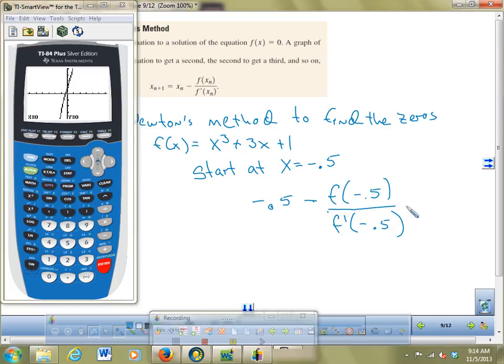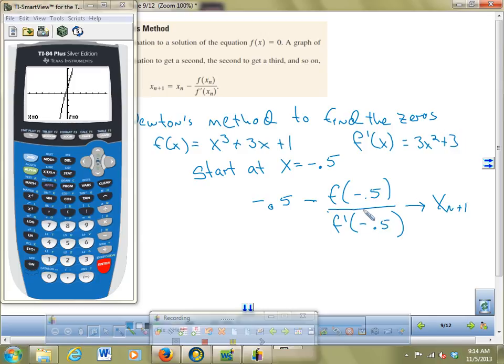And the value that I get out is going to be called x sub n plus 1. Let's just find f prime of x. What's f prime of x? 3x squared plus 3.